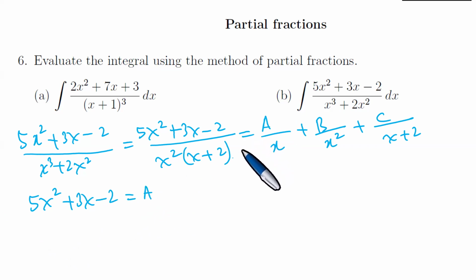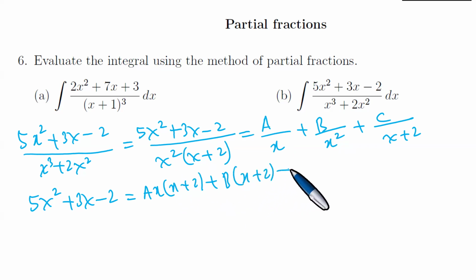Multiplying by the LCD would give us ax. The LCD being x squared times x plus 2, you multiply this one and this one.